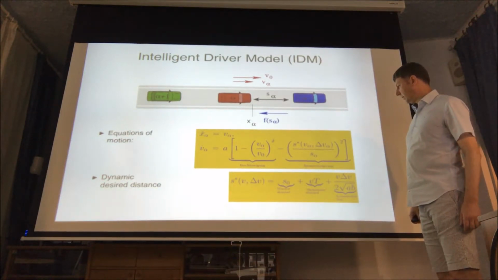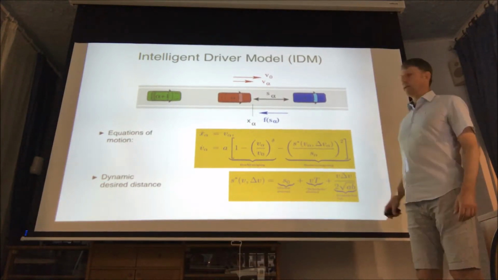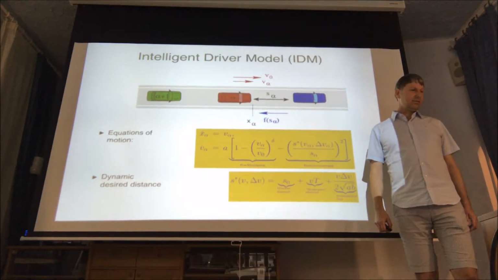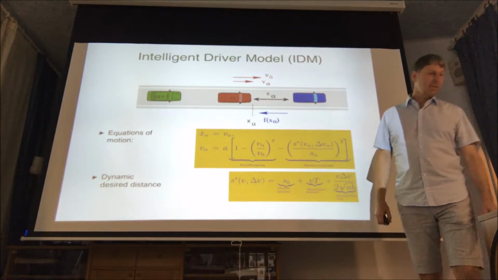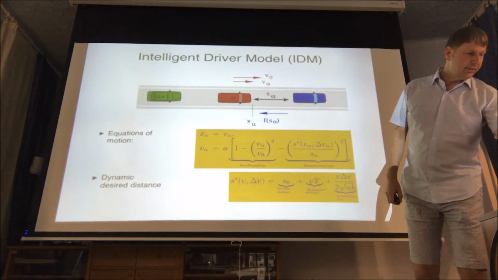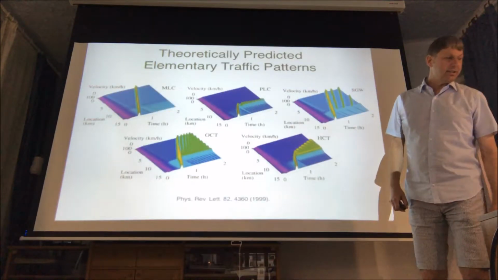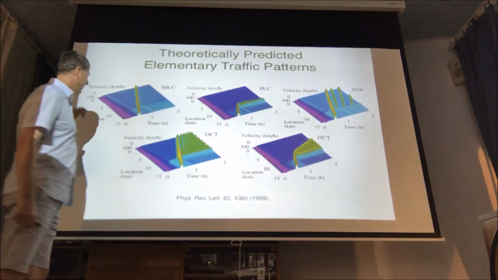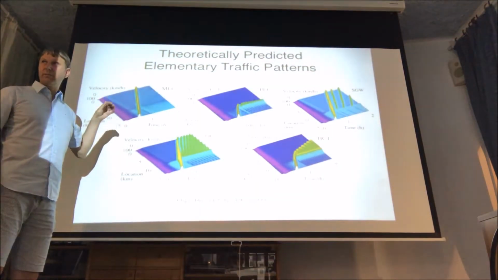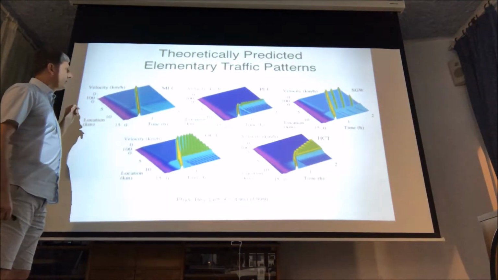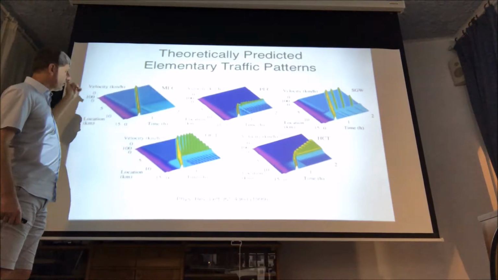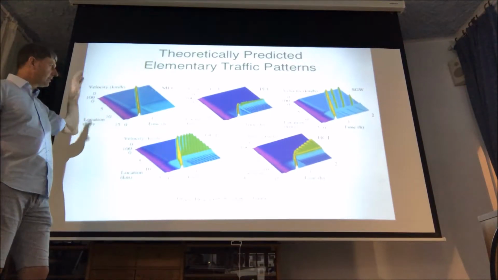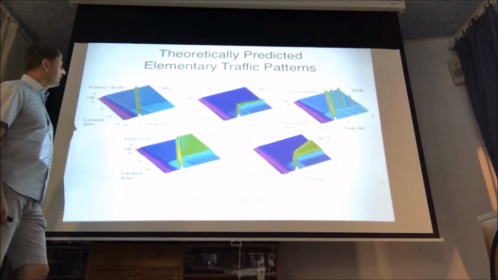So it's a car following model, and it's accident free if they start with reasonable distances from each other. And then you can simulate different kinds of traffic states in a system where we have a freeway and an on-ramp where cars are entering. And then depending on how many cars are flowing into the system, you would get either free traffic flow or one of those patterns over here.